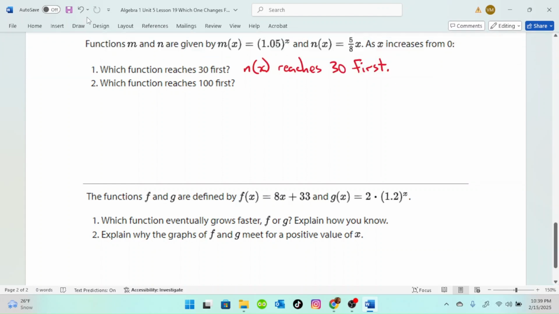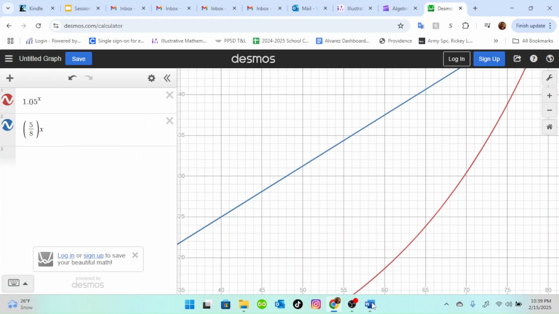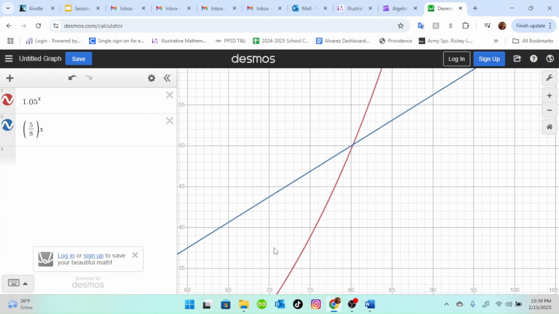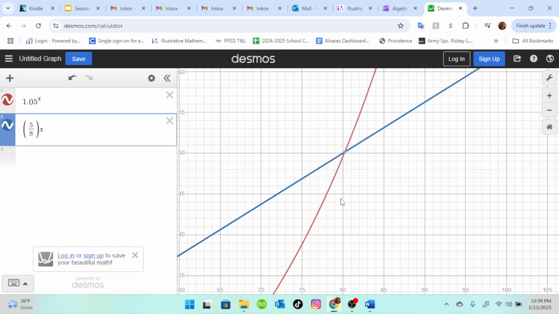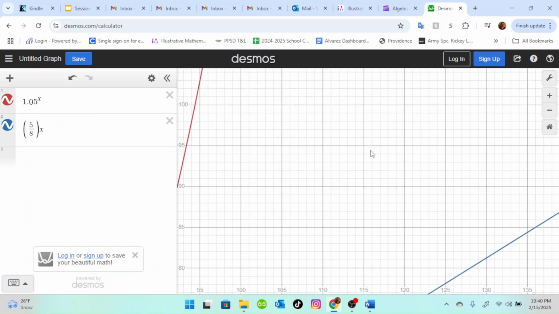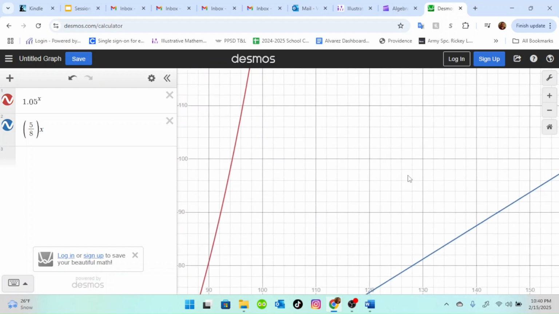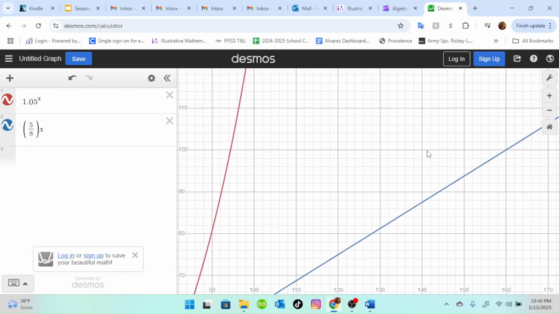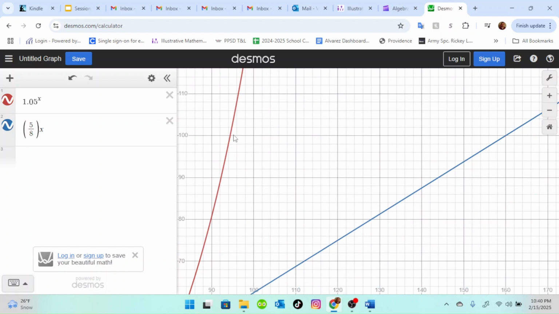Now, number 2 wants to know which function reaches 100 first. So we're going to go back to the Desmos calculator, and we're going to keep moving this until we get up to 100. And if we zoom out a little bit, we can see where they both hit 100, but the red line clearly does it first.